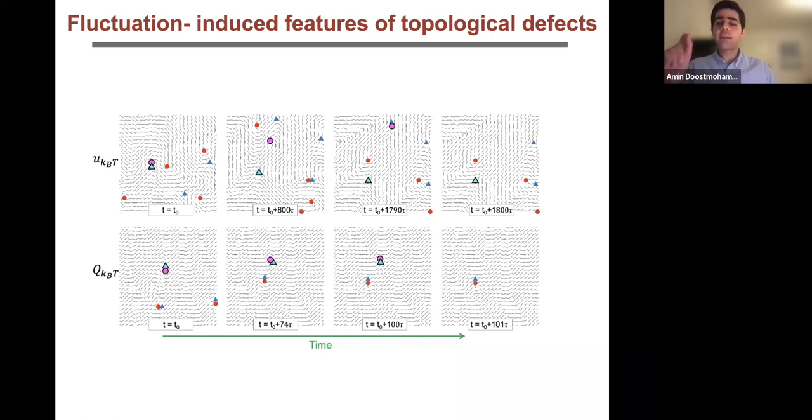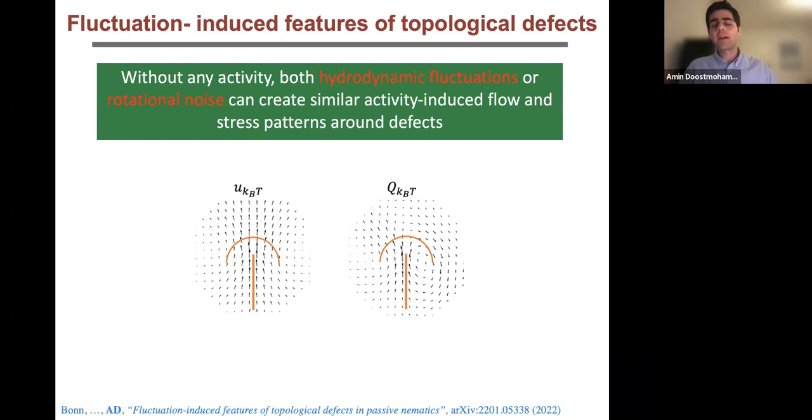What's important for me to note is that without any activity, if we take any of these sources of noise and look at the average velocity field around the defects, we see the same kind of behavior as we saw in the experiments and as we saw with the activity. Meaning that the noise is also creating this extensile-like behavior. This was also indicated in some other works earlier.